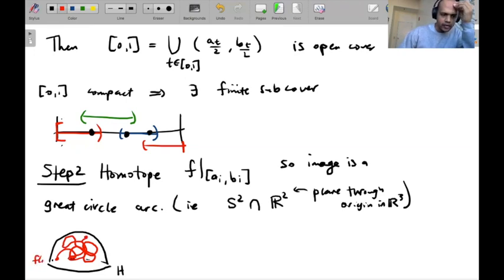Here's f of A_i, and here's f of B_i, the endpoint. And we just want to replace all of this garbage with just a straight line segment in a great circle arc. And the way we can do that is with a straight line homotopy.